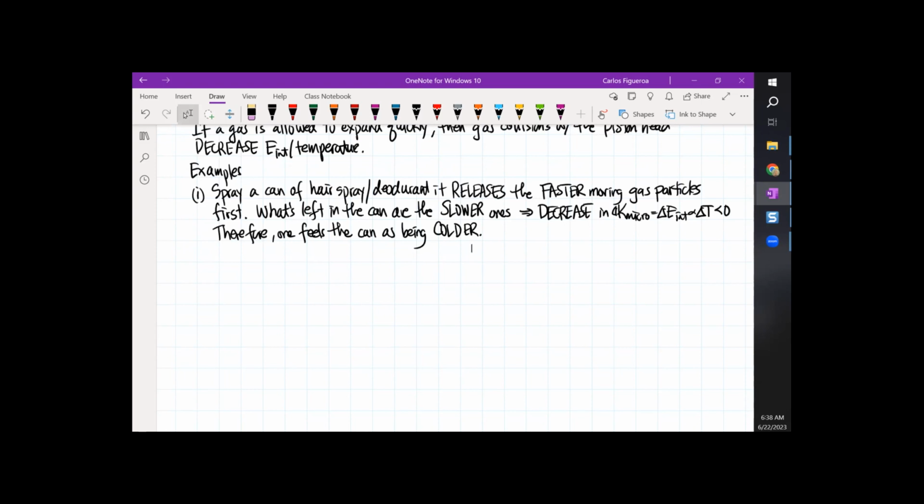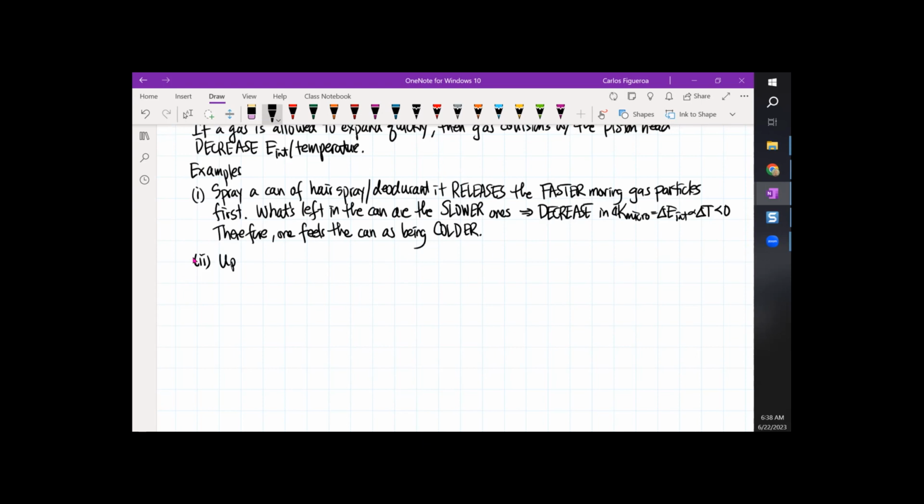What I want to show you here is something that you may have realized. Imagine that you have either a bottle of beer or a bottle of soda, and it's been in the refrigerator. When you look at the neck of the bottle, it's clear. That's super important, that you look at that: the air and water vapor in the neck of the bottle is clear.